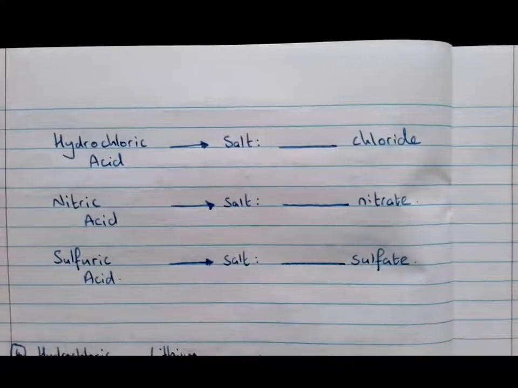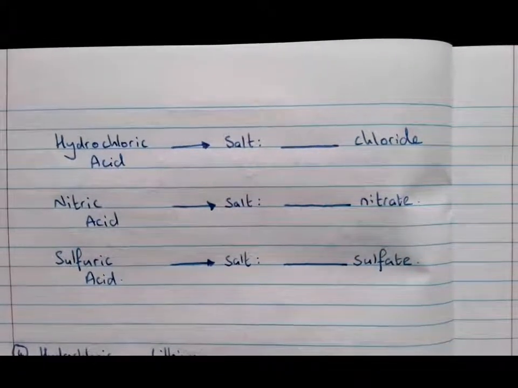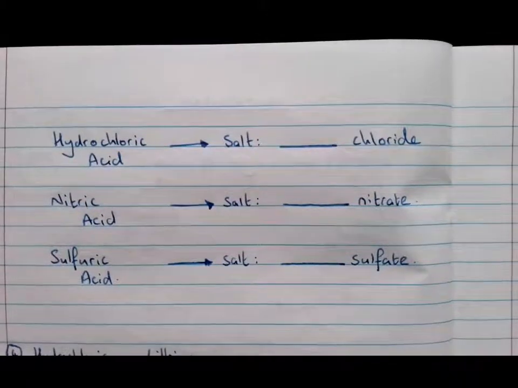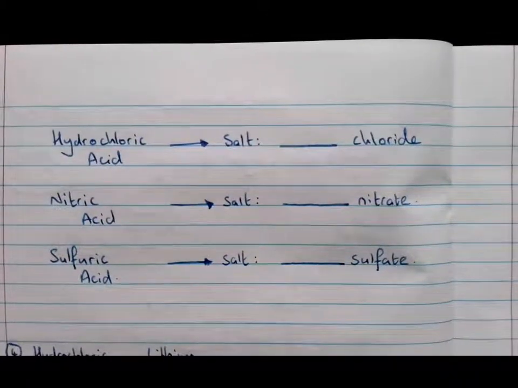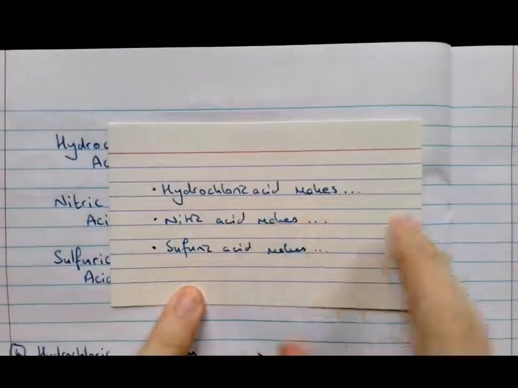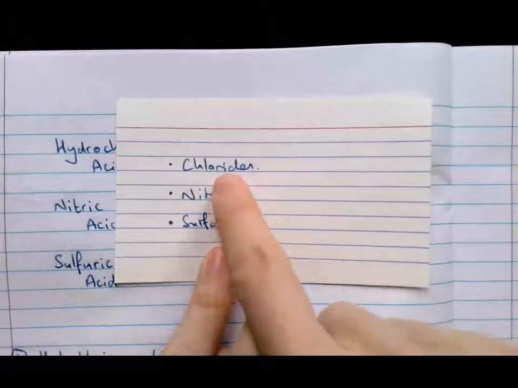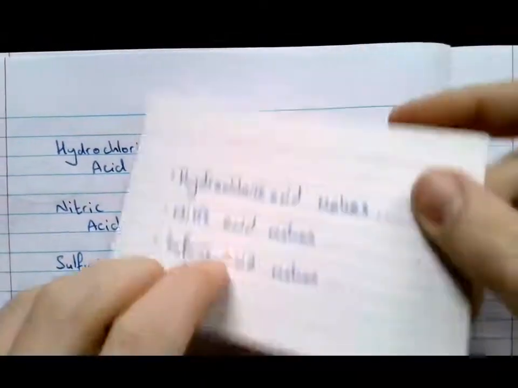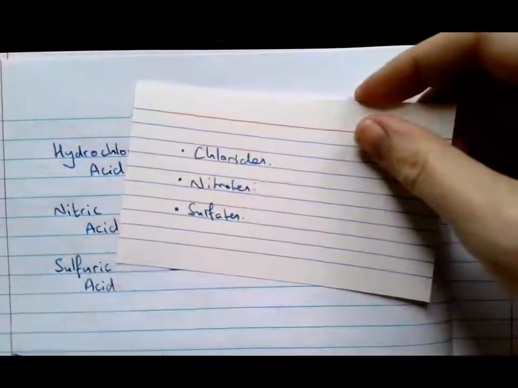Now, you might want to put that onto a flashcard. In fact, I think I might have one here. All right, so hydrochloric acid makes, and then on the reverse side, chlorides. And then the same for nitric acid and sulfuric acid, make nitrates and sulfates.